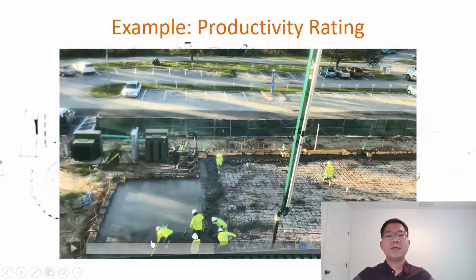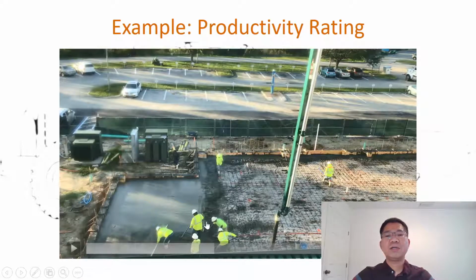At this point, you see all five members here. This member is finishing the concrete surface. When they place concrete, that is productive work, because they work directly on the product.